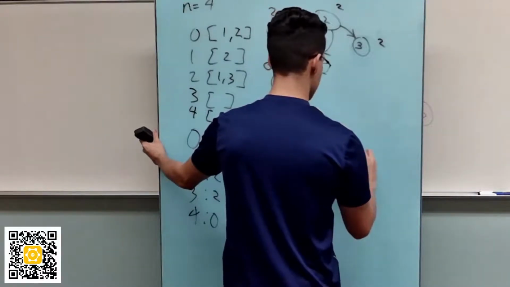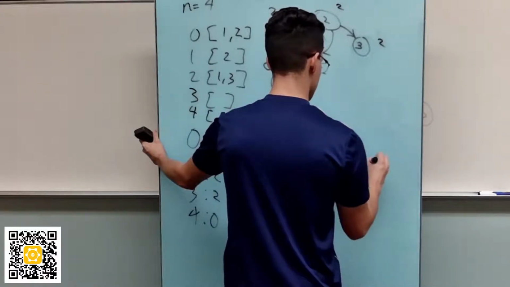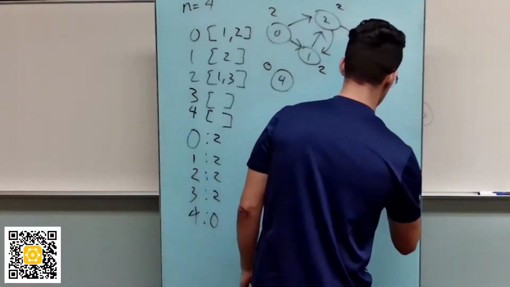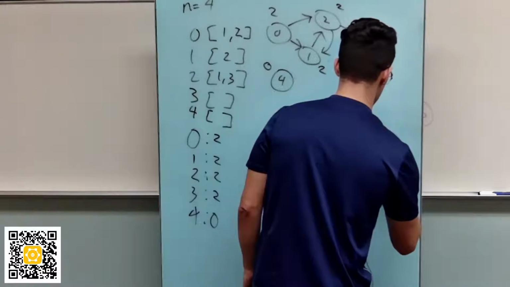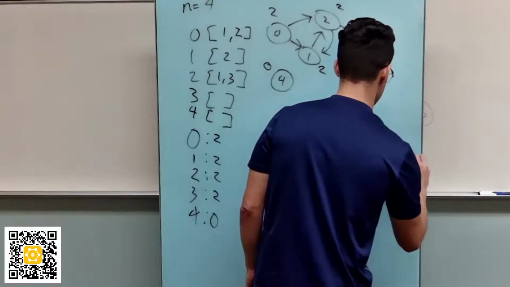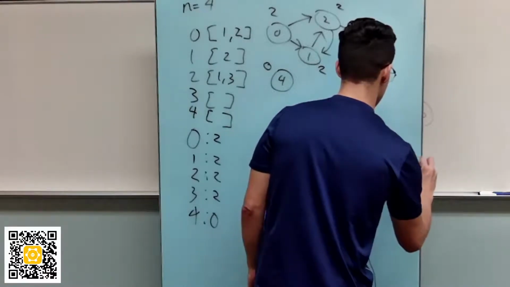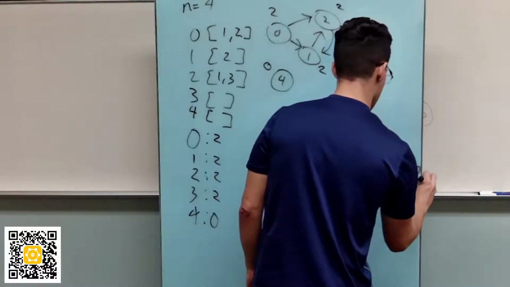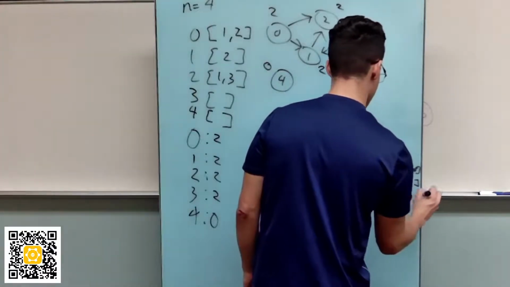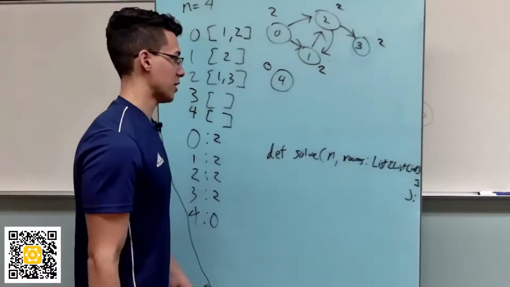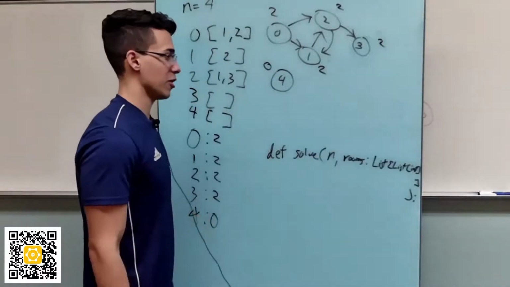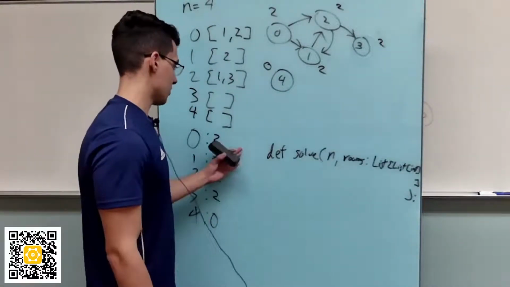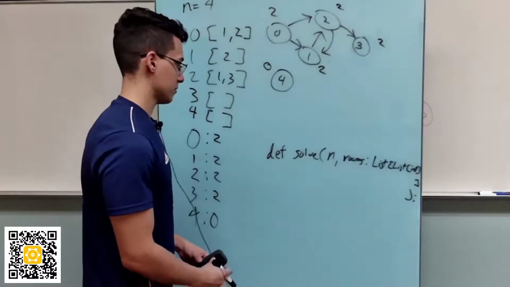Room, you can derive N from the length of rooms, which is, I'm going to say a list. I don't need to do this, but I'll just say a list, int.